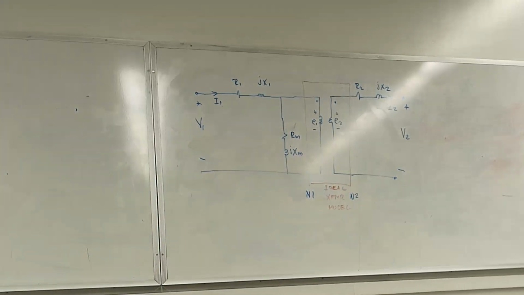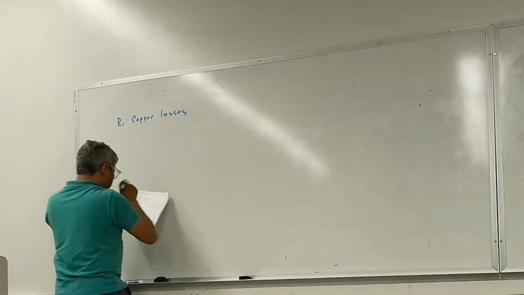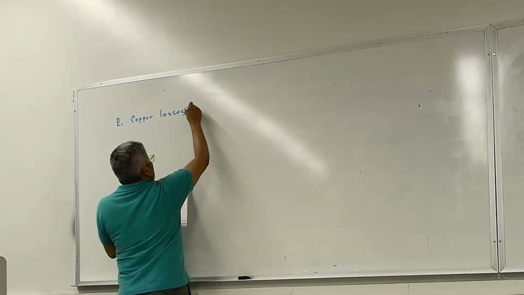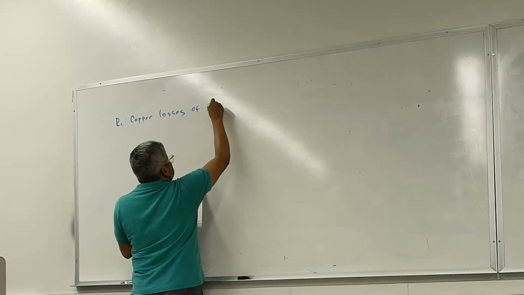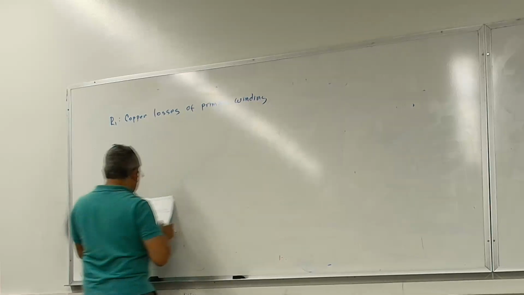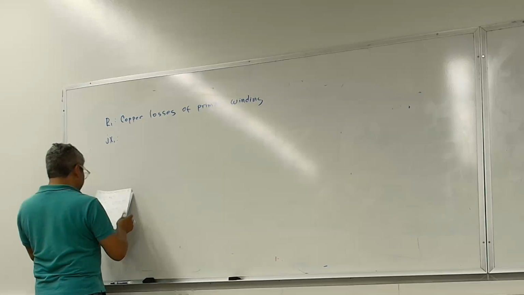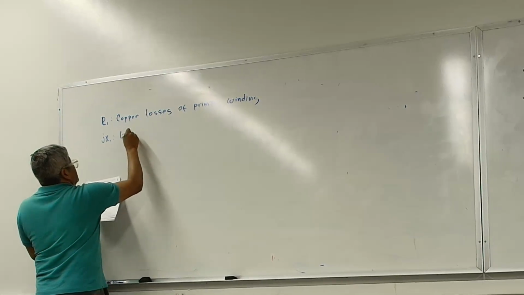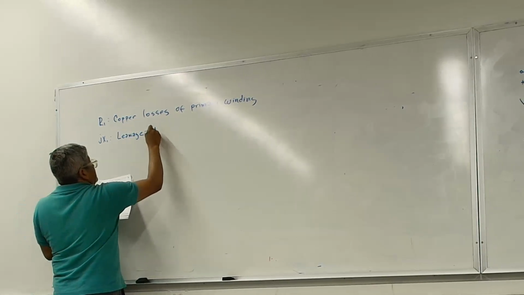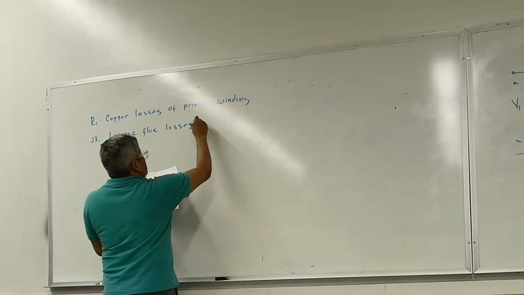Okay, so R1 is the copper losses of the primary winding. JX1 is the leakage losses of the primary.